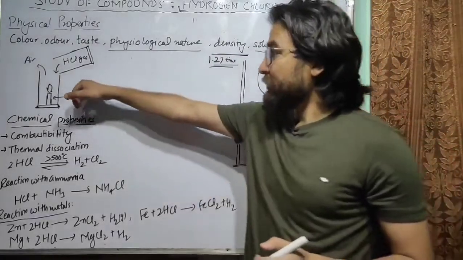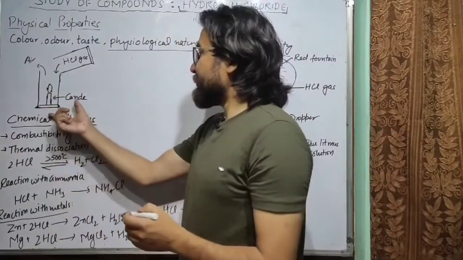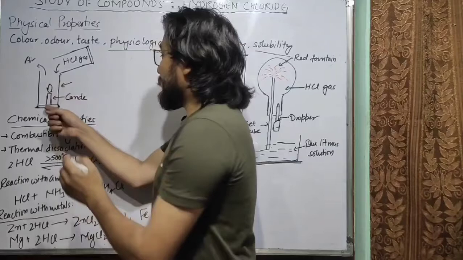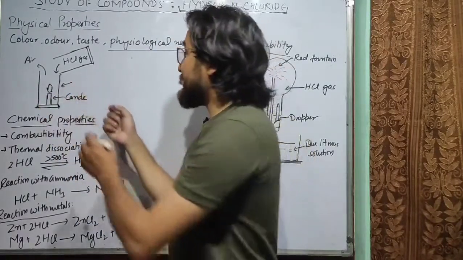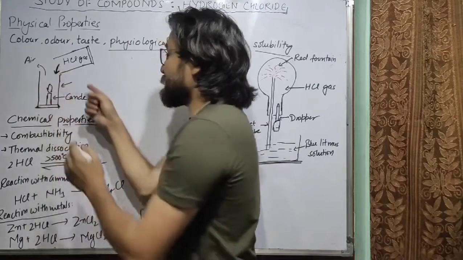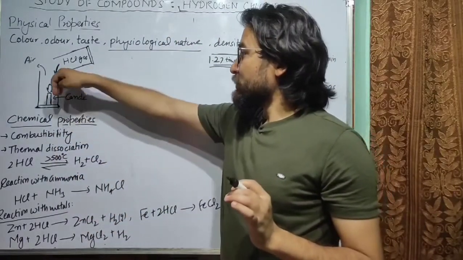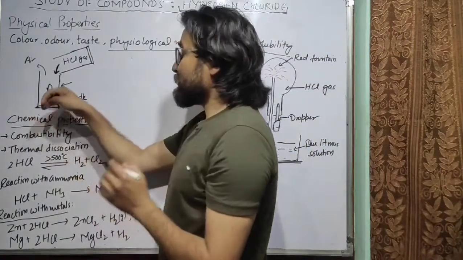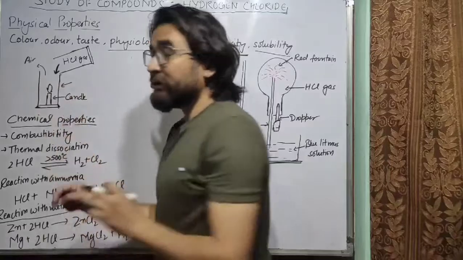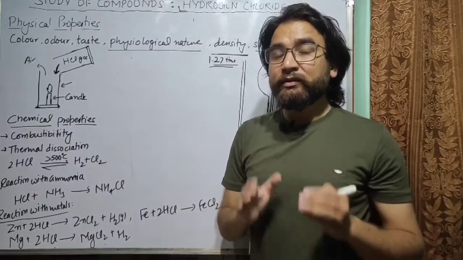One of them is this. In this experiment, a candle is kept in a flask and this candle is burning in the flask. When a flask filled with HCl gas is poured into the flask, what happens? The burning candle extinguishes. What is the reason for this?